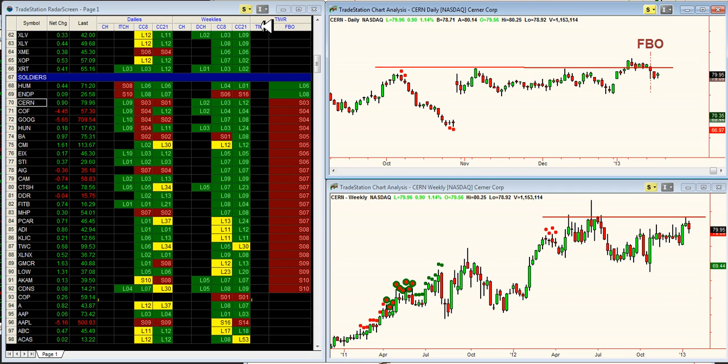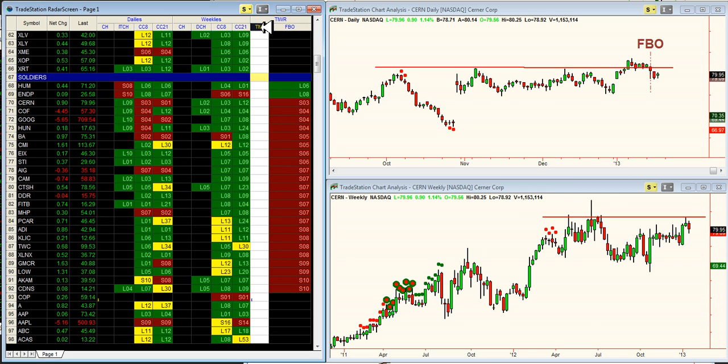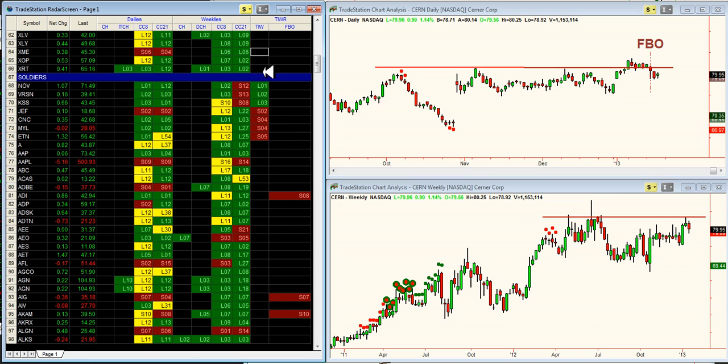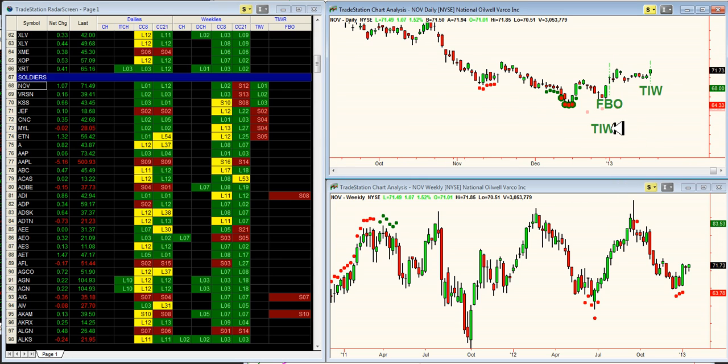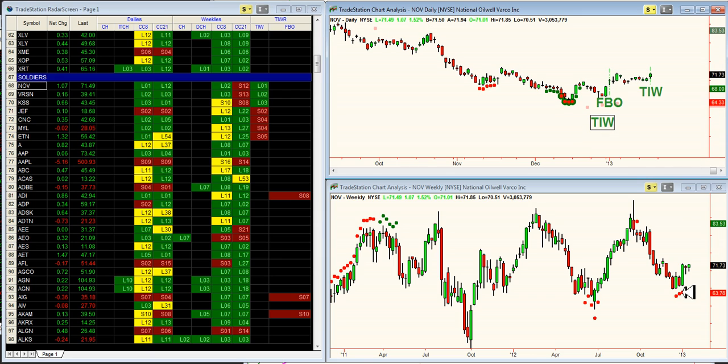You can click on the There It Was OR signal here, and you can see where There It Was OR signals also fired, green for bullish, red for bearish. NOV, you can see where we've had multiple There It Was OR signals fire, and you can see the high candle count dots showing up on the weekly chart with these reversals. That's a green one, and so you can see how that works.